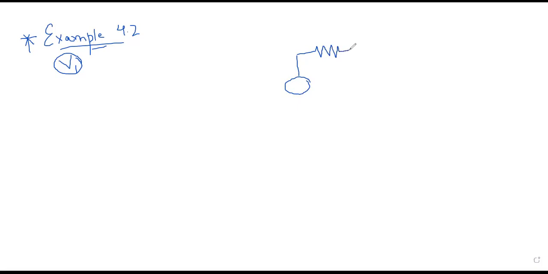Here is the point that is V1. After this, there is a straight line having no resistance. No, there's a resistance also. Just a minute, I have a resistance here. Then there is also a resistance for this loop.